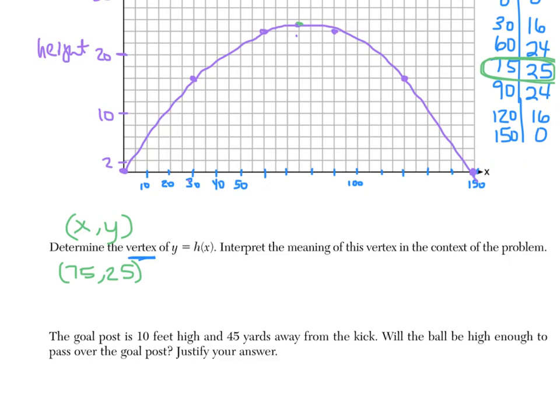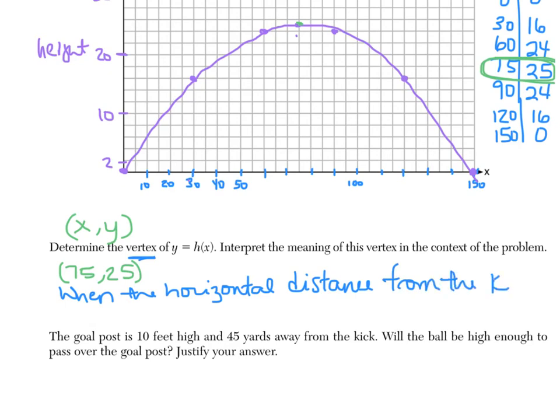I'm going to say that when the horizontal distance from the kick is 75 feet, the height is 25 feet.